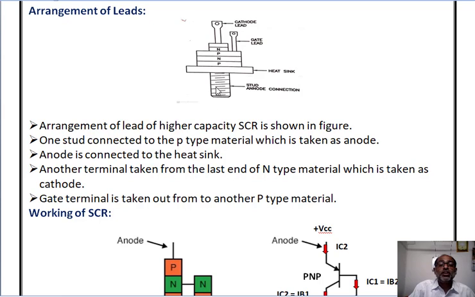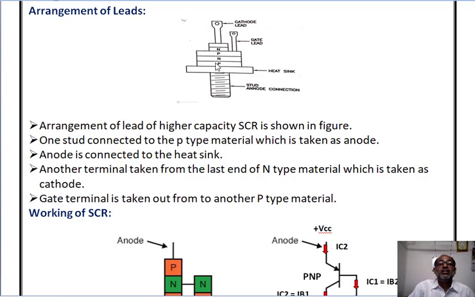As you can see, there is one stud, and threads are provided on the outer periphery of this stud. This stud is connected to the P-type material, which is taken as the anode, and this anode is connected to the heatsink.